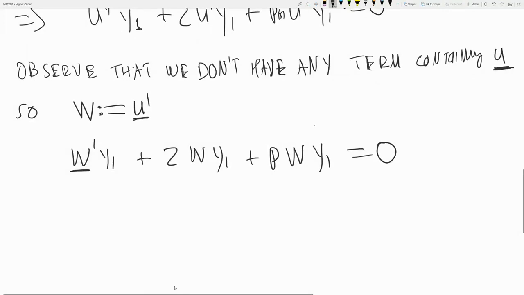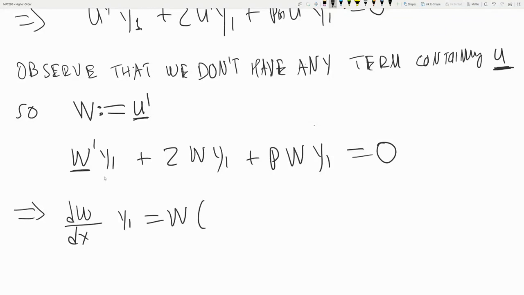But this is a separable equation. So let me rewrite it. We divide by w. So this is dw over dx, and then w times minus 2 y1 prime over y1 plus p.